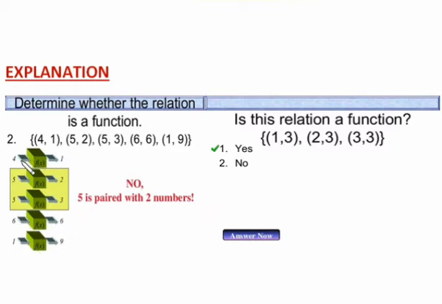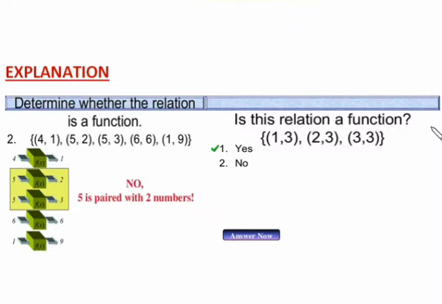Here students, we observe that the same input 5 gives two different outputs. It is not possible, because a single input never gives two different outputs. That's why we say that this is not a function.